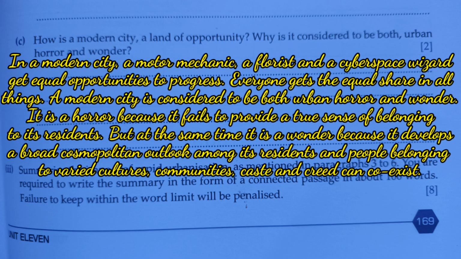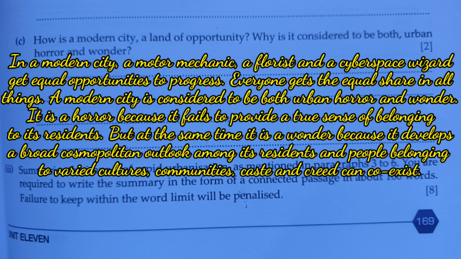It is a horror because it fails to provide a true sense of belonging to its residents, but at the same time, it is a wonder because it develops a broad cosmopolitan outlook among its residents, and people belonging to varied cultures, communities, caste, and creed can coexist.